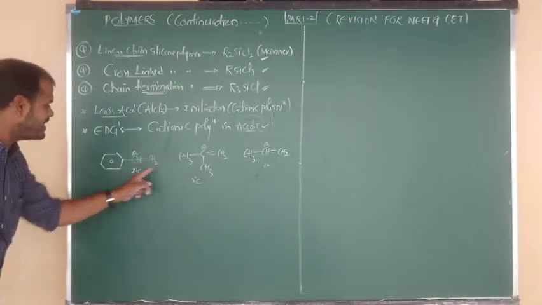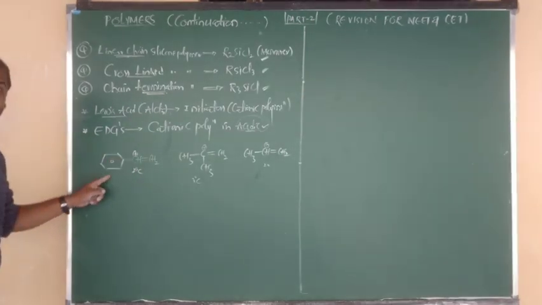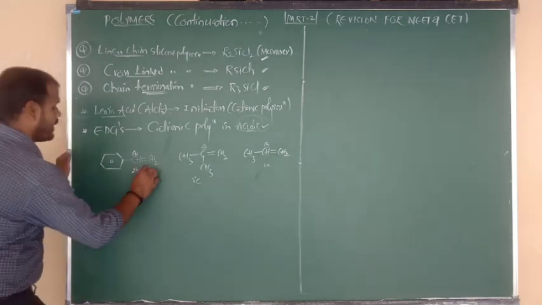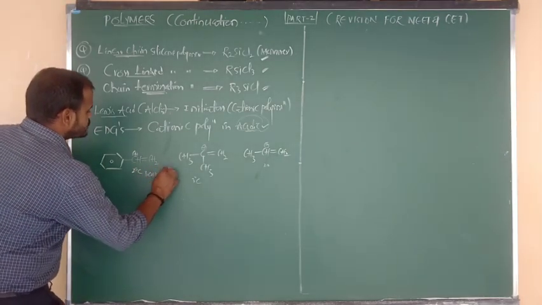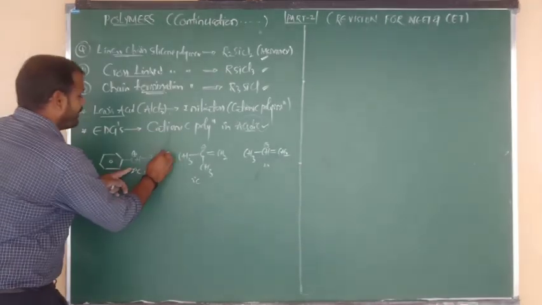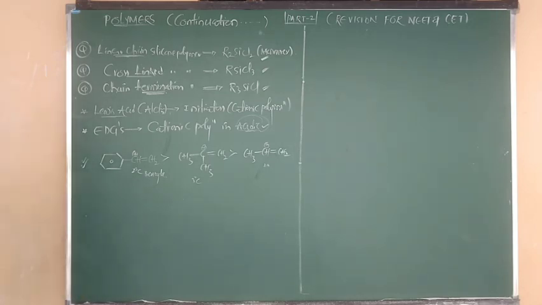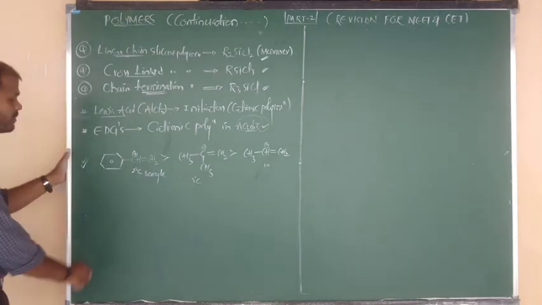But compared to tertiary, what is here? Secondary, even though it is secondary, it is a secondary benzylic carbocation. So secondary benzylic carbocations are more stable and form easily. This is the order of reactivity towards cationic polymerization according to the stability of carbocation, because the stability of carbocation is directly proportional to the electron donating group.